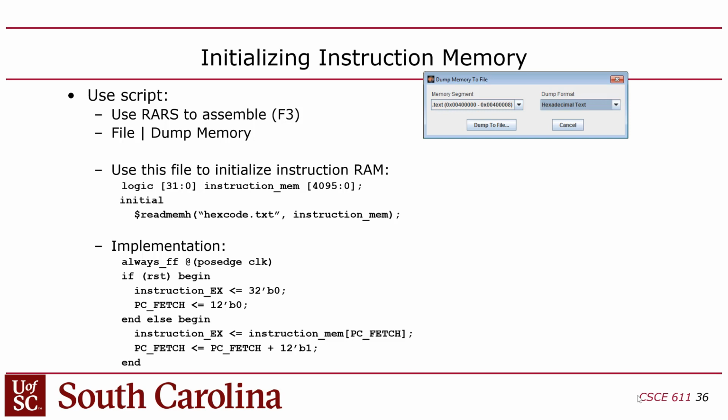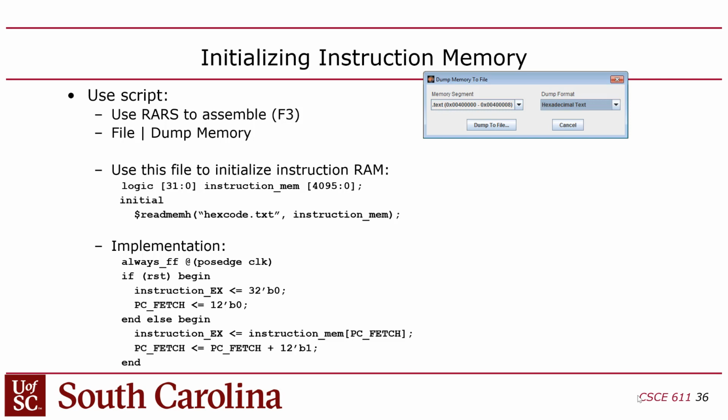Okay, so one thing I want to mention here, I didn't mention this last time, but this is going to become relevant for the control instructions. This PC fetch is, at any point in time, the address of the instruction being fetched, right? Now, the problem is that if you have to use the PC for anything in the execute stage, you can refer to PC fetch, but you should be aware that if I'm in execute and I reference PC fetch, I am referencing the address of the instruction that came after me in the program, right?